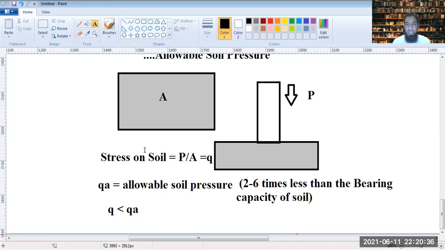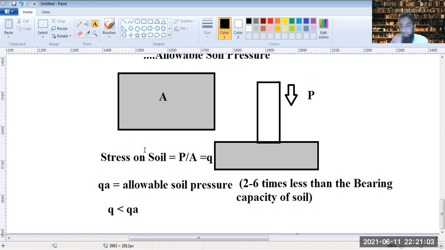So in our design, both the structural engineer and the geotechnical engineer have to be taken on board, and we have to design the structure such that under the applicable service load conditions, our Q stays less than QA.